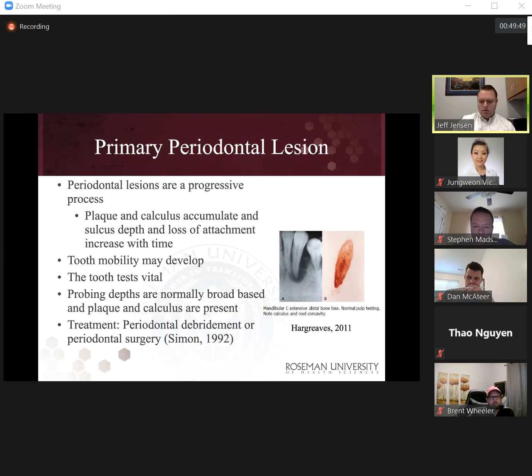You could have a 5 on the distal, but it could be broad or narrow. Okay. But when I probe, I don't just probe in 3 areas. I'm not just sticking it here once, twice, 3 times. I probe and then I keep probing and walking my probe along the tooth.